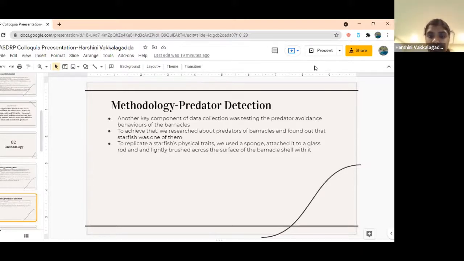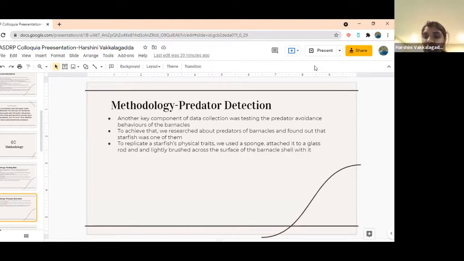To replicate a starfish's physical traits, how their surface is similar to a sandpapery surface, we used a sponge, attached it to a glass rod, and we lightly brushed across the surface of the barnacle shell with it.